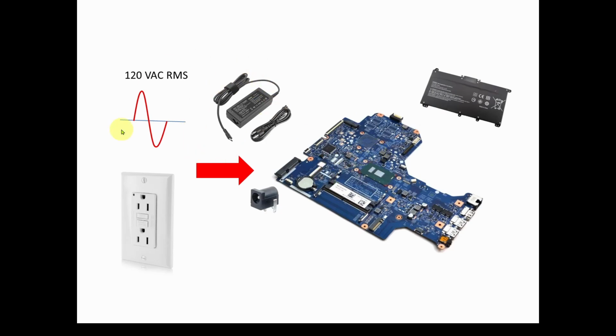Now, the problem with this compared to a battery, by using a source of voltage coming from either the utility or an adapter chosen by the user, there's a lot of room for catastrophic events to happen. So for example, if I have voltage coming from the wall outlet from the utility, they could suddenly have a very big spike in voltage that's unexpected, and it could get through this adapter into your motherboard and cause some damage, especially if the user uses a piece of junk adapter that has no protective components to make sure that doesn't happen.